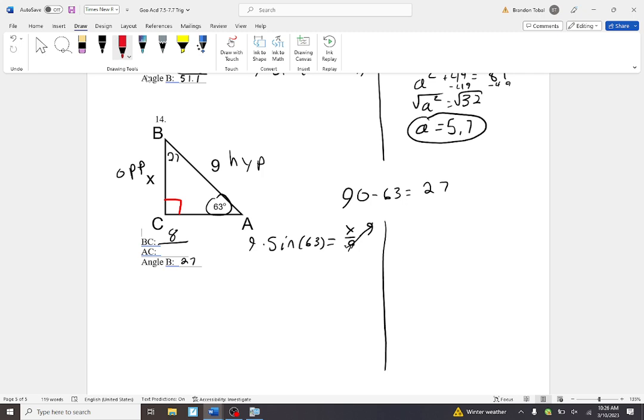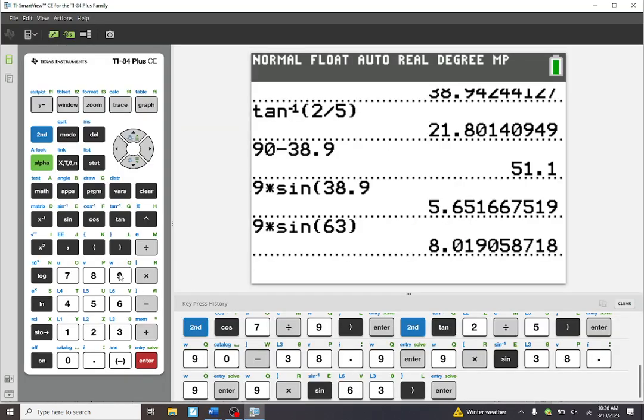If I wanted to do the adjacent side, though, that would get me AC. So in this case, it would be cosine 63 equals X over 9. It's 4.1, I think, is AC. Let's see. 9 times cosine 63.